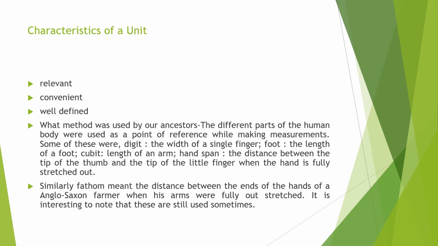Some of these were digit, the width of a single finger, then foot, the length of a foot, and then cubit, the length of an arm, and hand span, that is the distance between the tip of the thumb and the tip of the little finger when the hand is fully stretched out. Similarly, there was another unit, fathom, which means the distance between the ends of the hands of an Anglo-Saxon farmer when his arms were fully outstretched. It is interesting to note that these are still used sometimes.